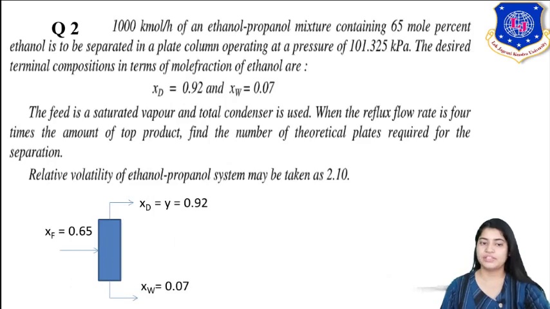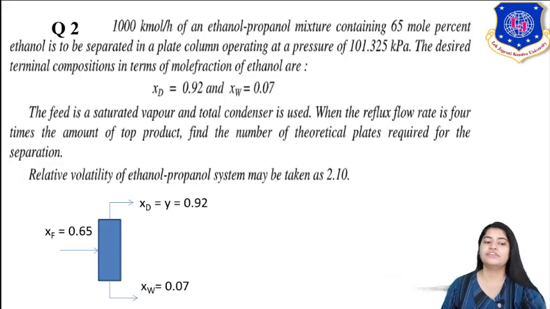The next question is: 1000 kilomole per hour of an ethanol-propanol mixture containing 65 mole percent ethanol is to be separated. Ethanol is the more volatile component. The desired terminal compositions in terms of mole fractions are 0.92 and 0.07.